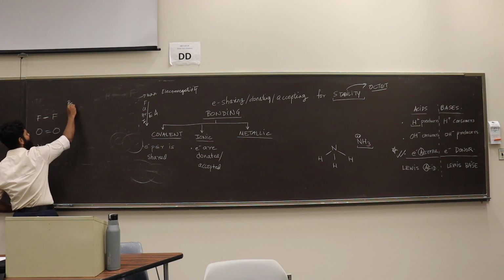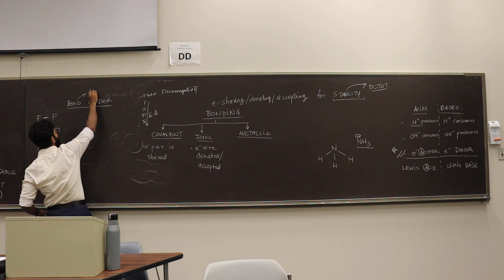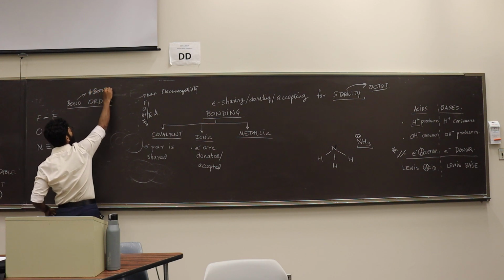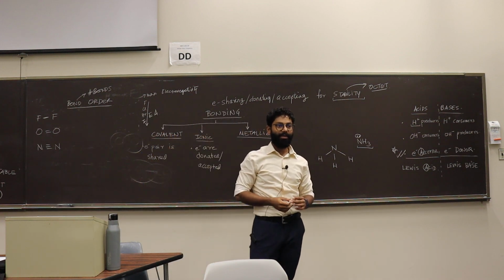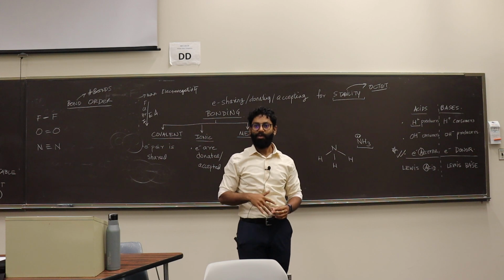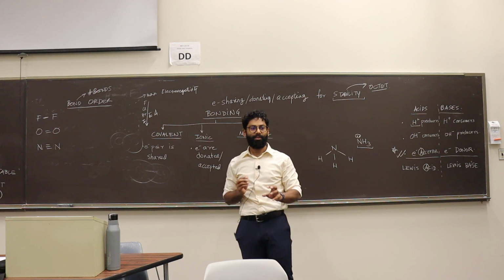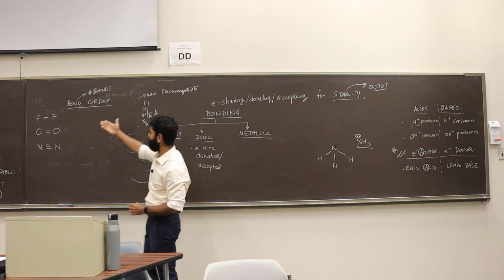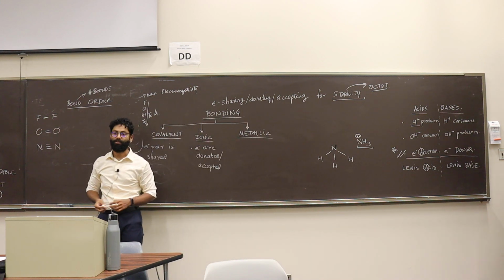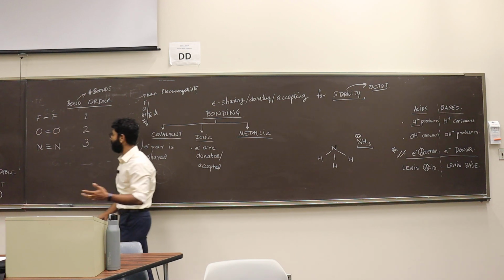I'll give a name to the number of bonds. I'll call them bond order, which is just the number of bonds, for simplicity's sake. So this term, bond order, comes from molecular orbital theory. I'm not getting into that, but I will give you enough information so that you can use molecular orbital theory to understand chemistry. So bond order is just the number of bonds. So what's the bond order for F2? Single bond. 1. So it's 1, 2, and 3. Okay, so bond order is fine.